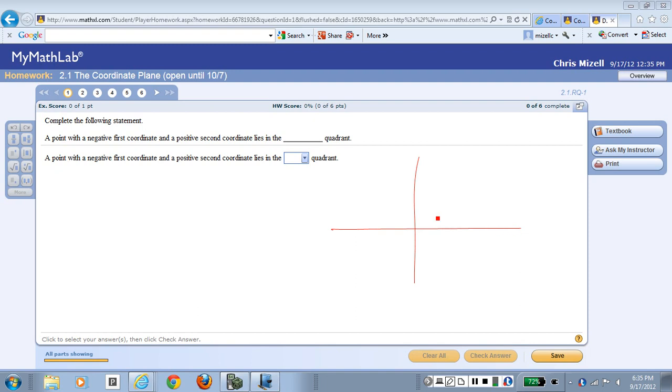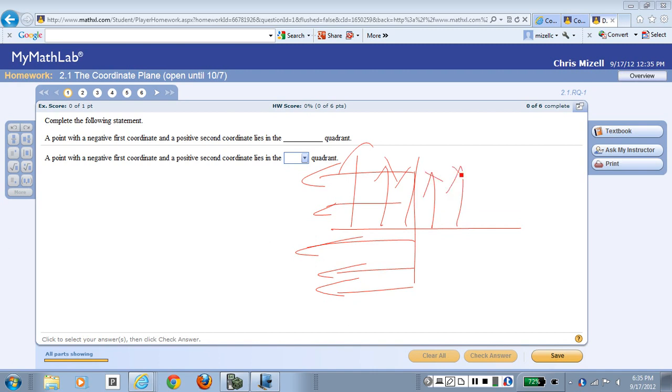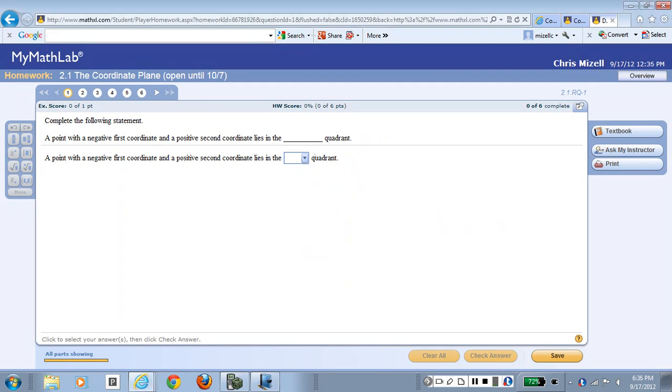A negative first coordinate, the x coordinate is negative, means it's going to be to the left of the y-axis, and if the y coordinate is positive, it means it's going to be above the x-axis. So evidently it's over here somewhere. It's in quadrant 2. So quadrant 2 for that one. Second quadrant.